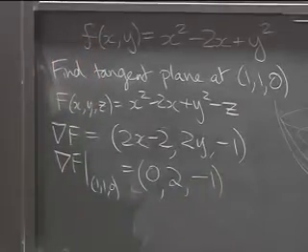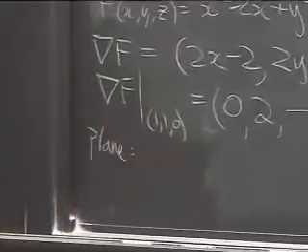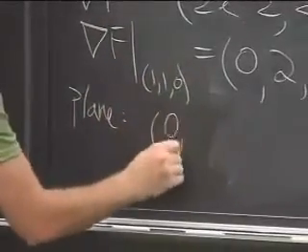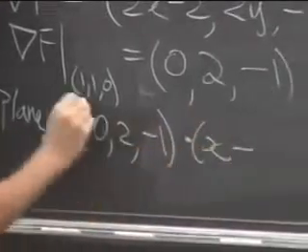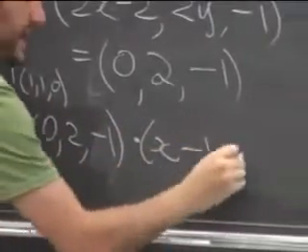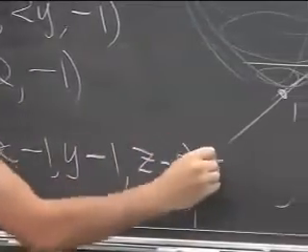So that's that. So the plane, I'm not going to write out the formula again. The plane has equation (0, 2, minus 1) dot (x minus the x-coordinate, y minus the y-coordinate, z minus the z-coordinate) equals 0.